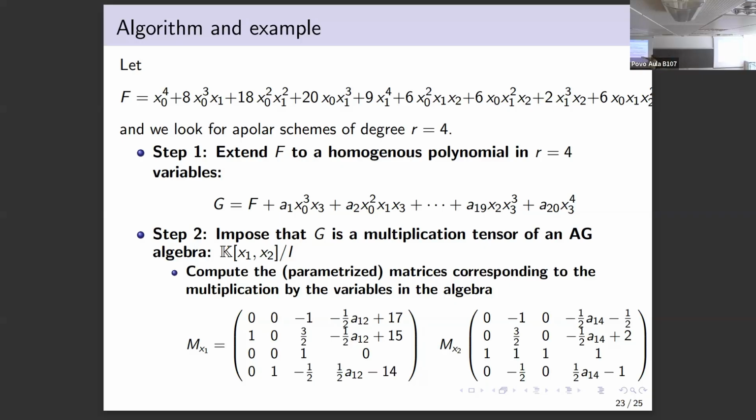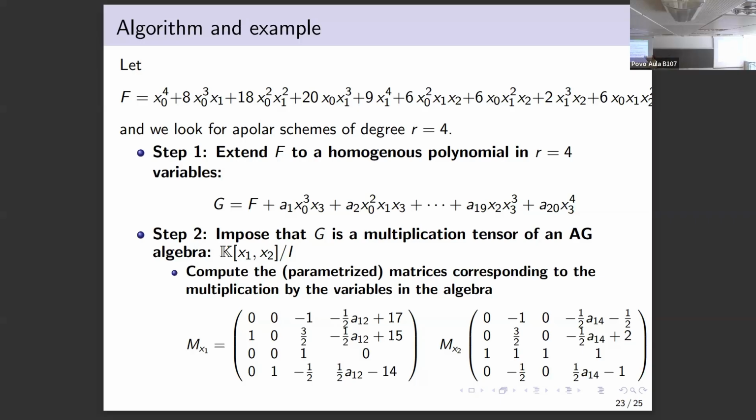So we're targeting this algebra here, which is k[x1, x2] quotient by some ideal. I can consider the map that takes one element and multiplies it by x1. This is a finite dimensional vector space, so this is going to have a matrix.